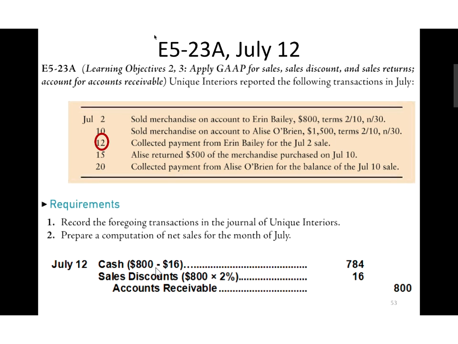We have to reduce the amount she owes. We said on our books she owes us $800, and she doesn't owe us that anymore. And then that discount gets put into an account called sales discount. Sales discount is technically a contra sales account, meaning it reduces sales. I'm going to pause for a minute, let all the writing be done, and then I'll talk a little bit more about this.